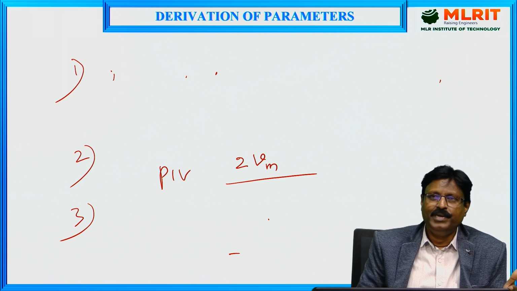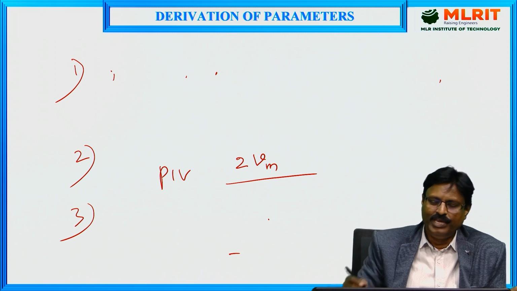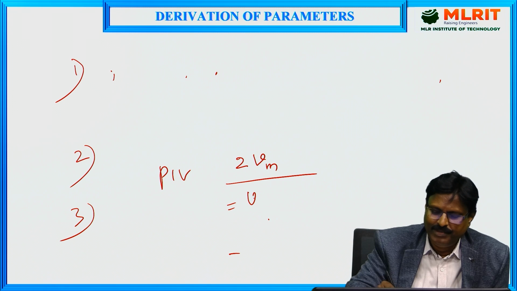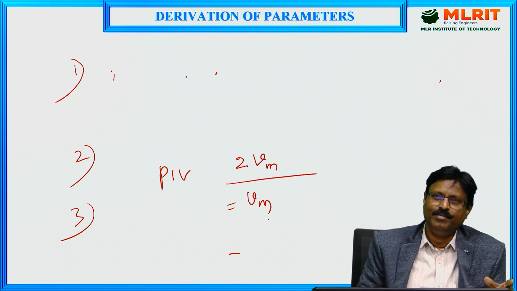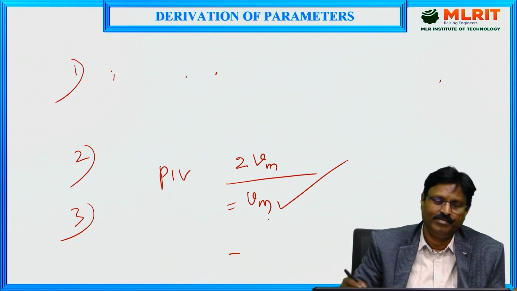Finally, the peak inverse voltage, the voltage withstood by the diode in the reverse bias mode. In the full wave rectifier it is 2 Vm per diode, but here the PIV is Vm per diode, because 2 Vm is being shared by two diodes. That is the difference.